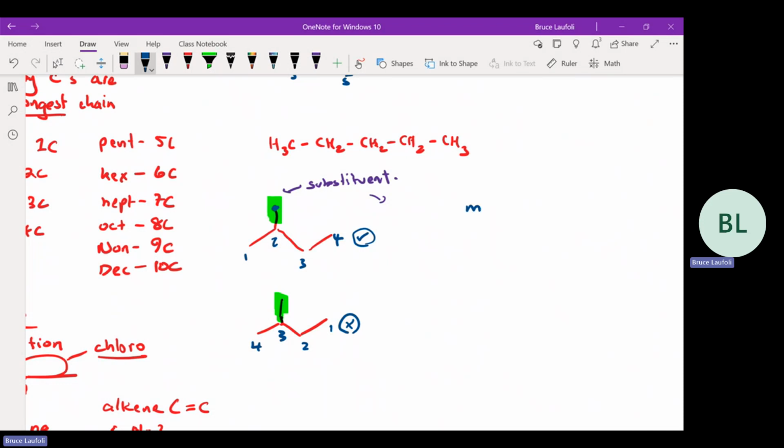Okay, because it's a branching chain, we say that it's yl.